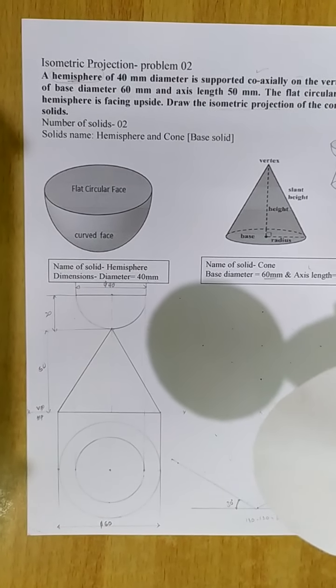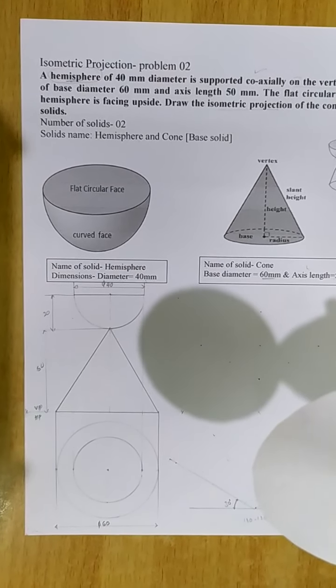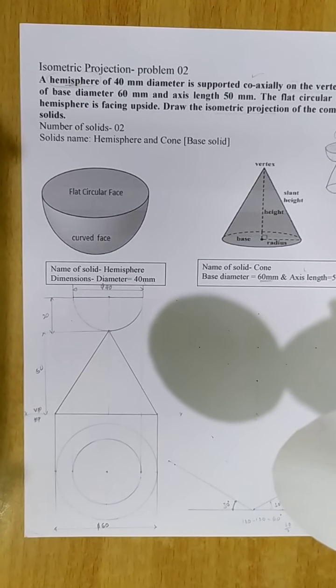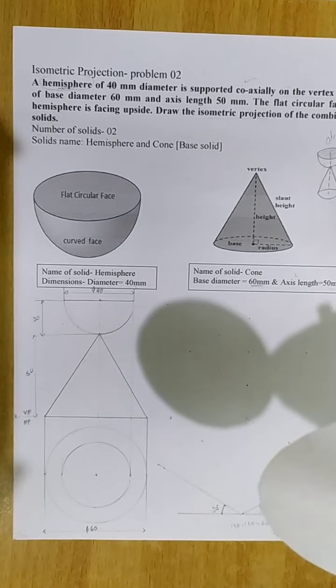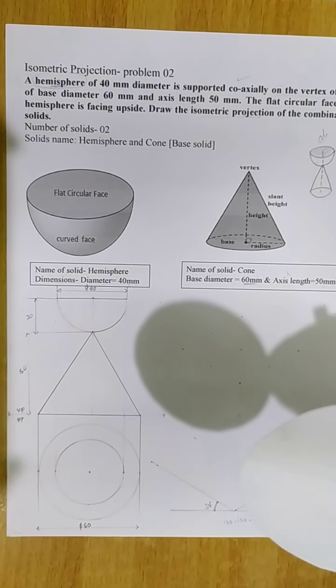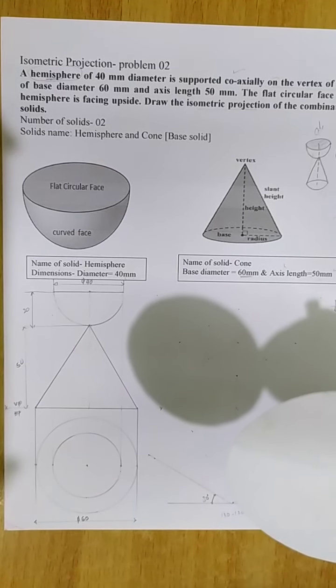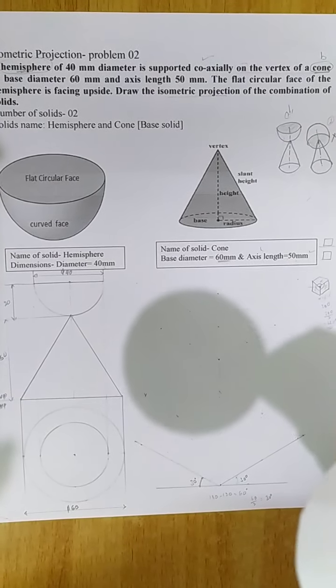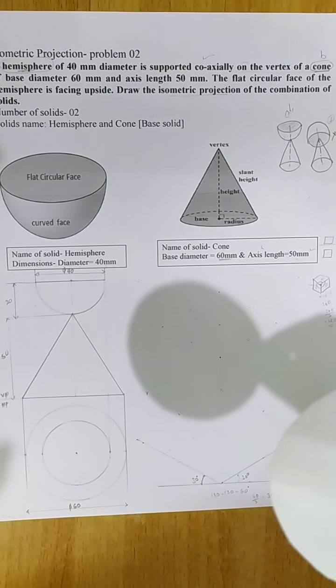So what I want to say is, in the isometric view, the shape of the circle becomes an ellipse. The isometric view of a circle looks like an ellipse in the isometric projection. So we need to draw the ellipse now.